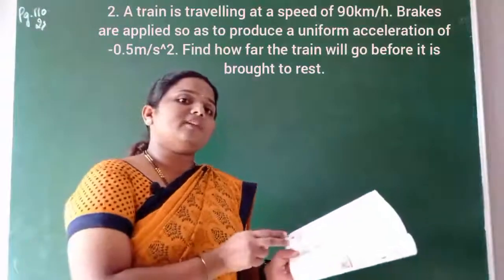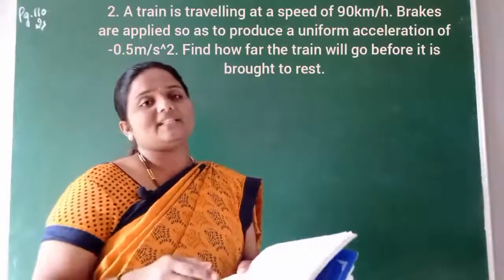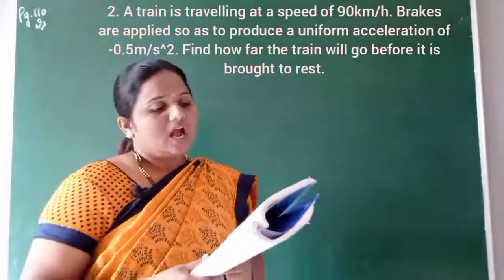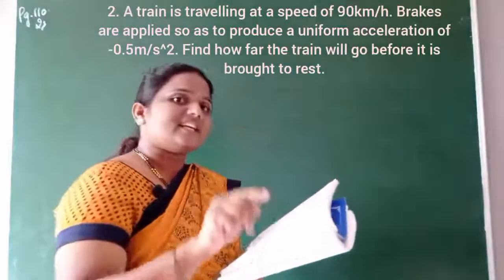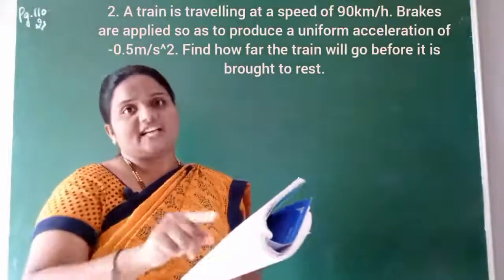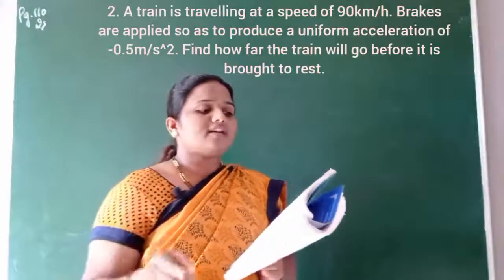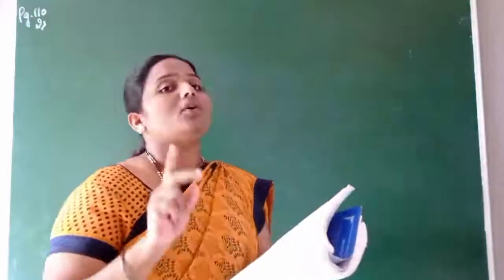Here it is moving with a negative acceleration. It means that retardation, deceleration is going to occur. Because of that, the acceleration sign got changed. It has been taken as negative. And find how far the train will go before it is brought to rest.